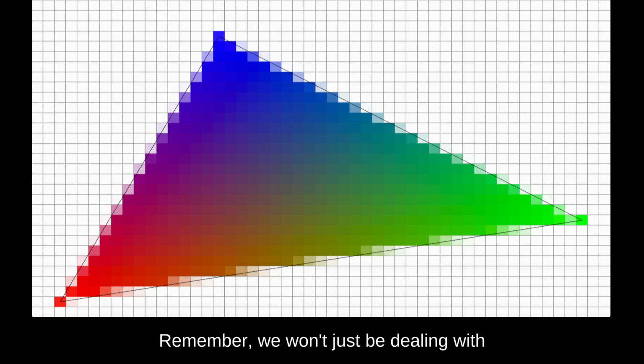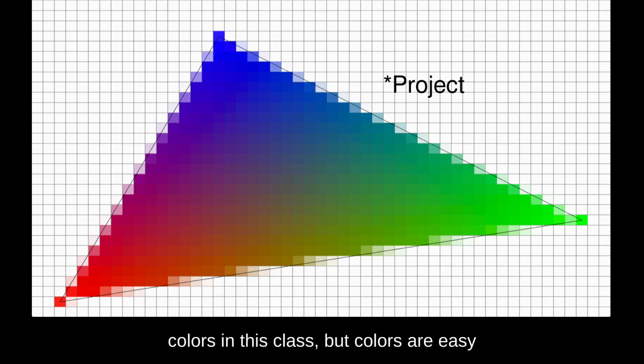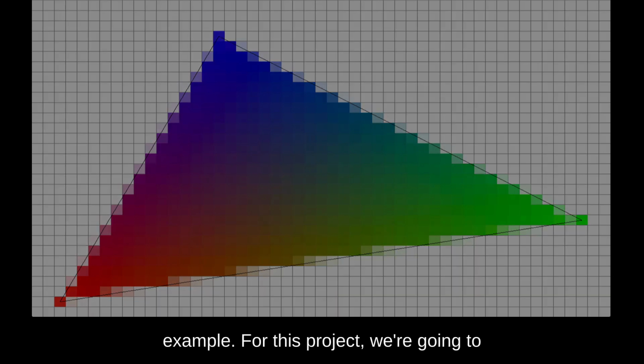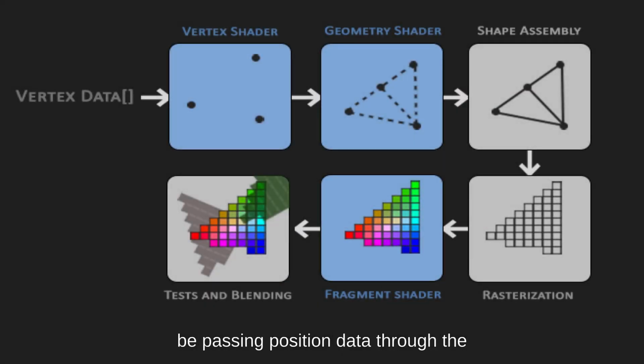Remember, we won't just be dealing with colors in this class, but colors are easy to visualize, so I used it in this example. For this project, we're going to be passing position data through the vertex shader, so our GPUs will actually be rasterizing the positional data of the vertices, meaning that it'll get a ton of discrete positions inside the triangle that'll be passed to the fragment shader.